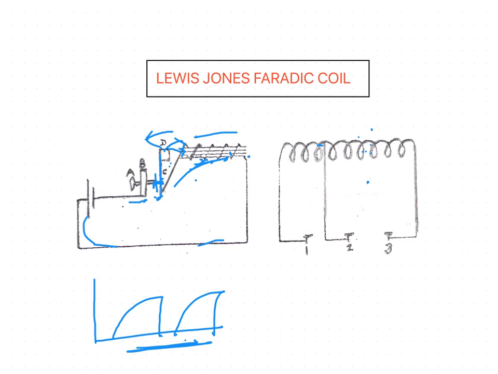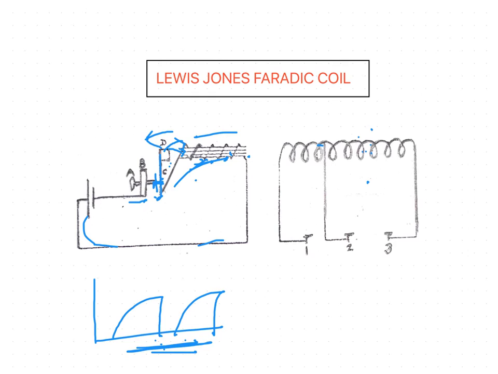So the interrupted direct current flowing through the primary coil sets up a varying magnetic field which cuts the secondary coil, inducing an EMF in it, and the resulting EMF we can see in the form of waveforms like this. And the secondary coil has many more turns of wire than the primary, so the EMF induced in the secondary is much greater than that applied to the primary.